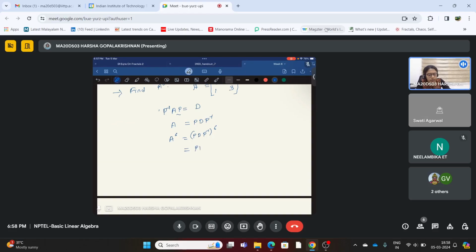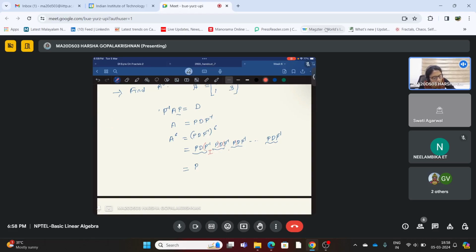Let me expand it. P D P inverse the first time, P D P inverse the second time, P D P inverse the third time, etc., up to the sixth time. Now, how can I simplify this term? P into D raised to 6 into P inverse. Yes, because whatever we have, P inverse P, will become identity.